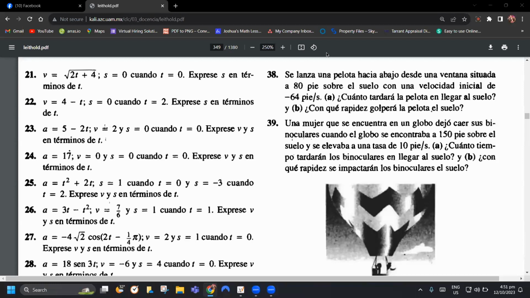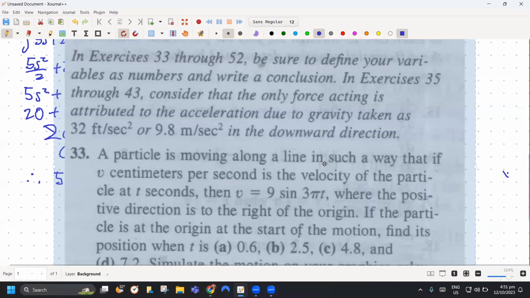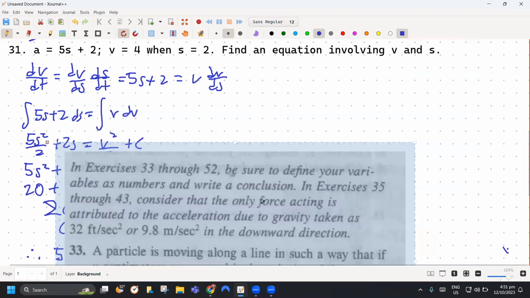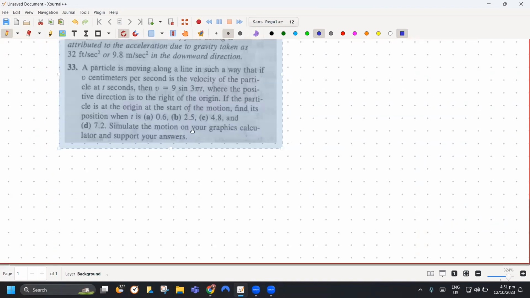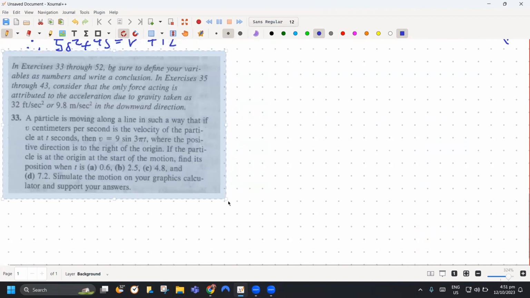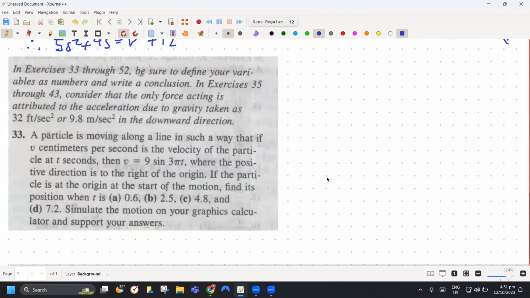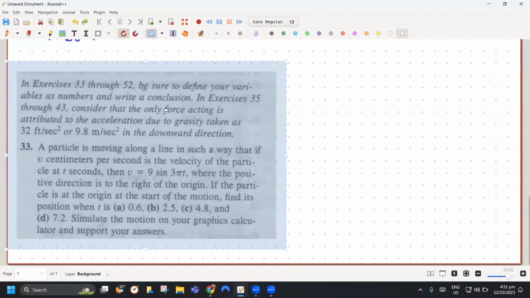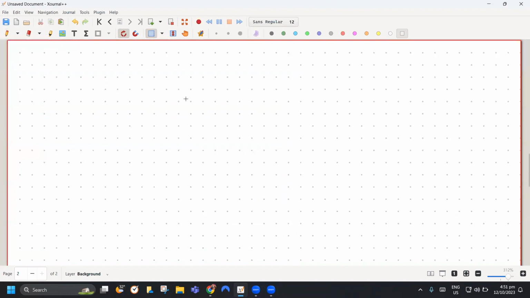Okay, so kailangan lang natin ay S versus T. Wait lang. Ito kaya. Ayun. The power of zoom. There. Nice. So, in the something of 32, new page.